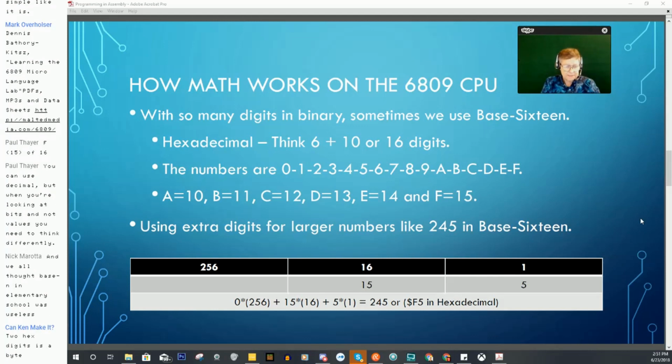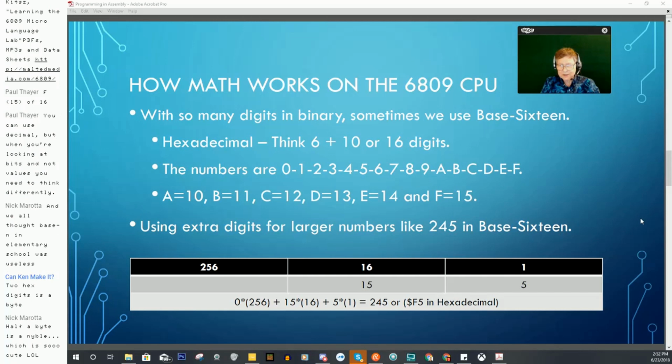Now, there are other processors out there, like the PDP-11 and some of the other mainframes, that like using octal. And if you remember your stuff from school, octal means 8. So instead of having 16 numbers for the digit, you only have 0 through 7, or 8 digits. If you were going to write down 255, it would be 377.